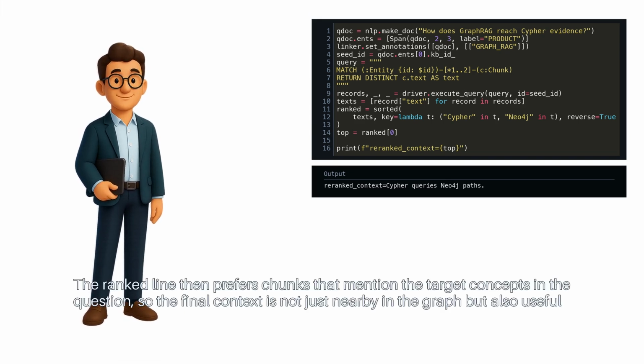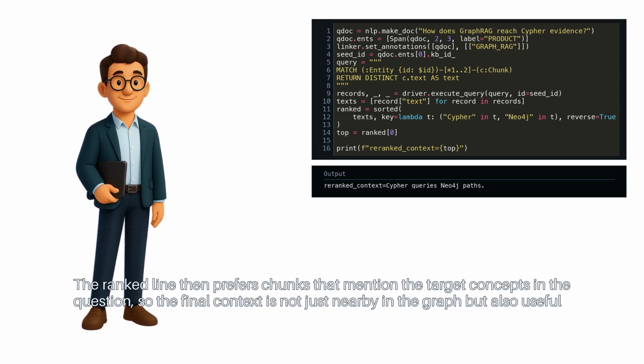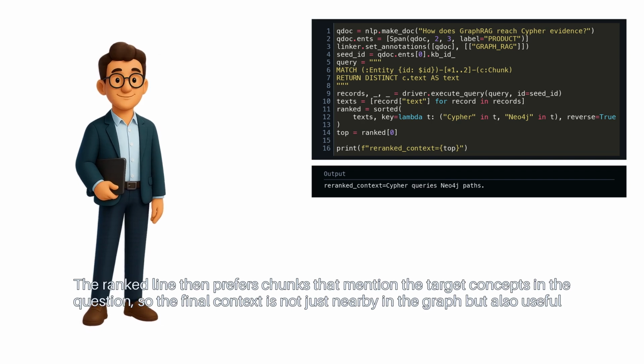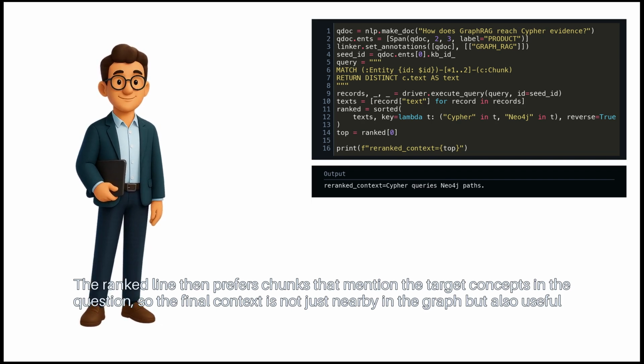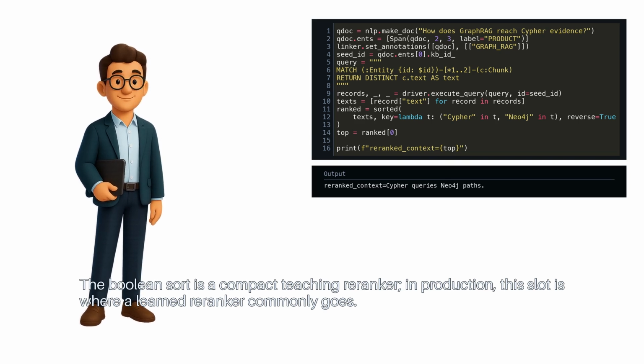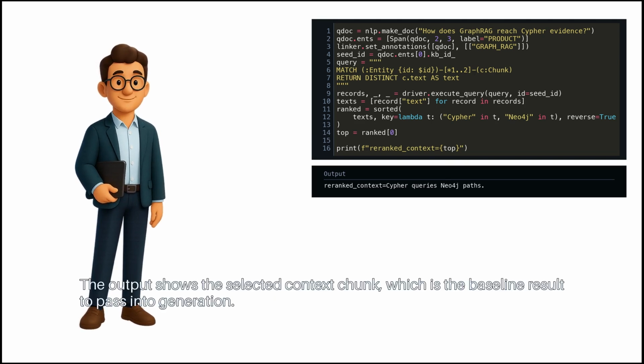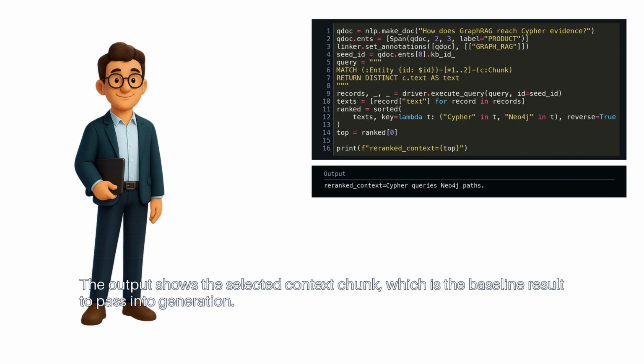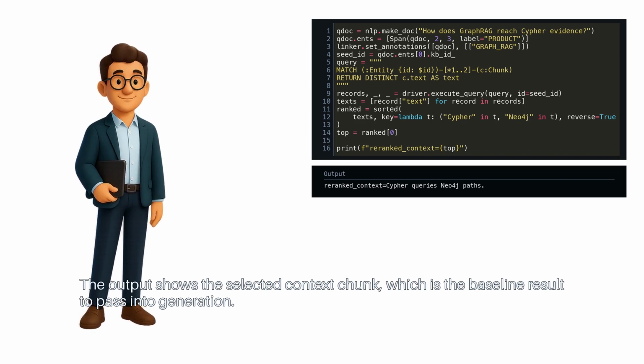The ranked line then prefers chunks that mention the target concepts in the question, so the final context is not just nearby in the graph, but also useful for the answer. The Boolean sort is a compact teaching reranker. In production, this slot is where a learned reranker commonly goes. The output shows the selected context chunk, which is the baseline result to pass into generation.